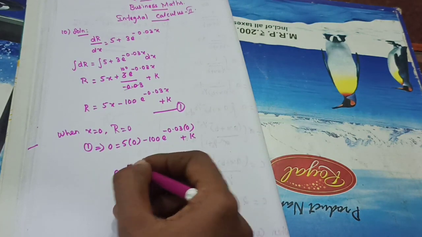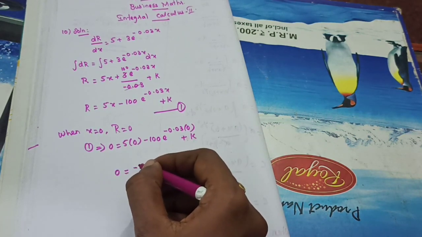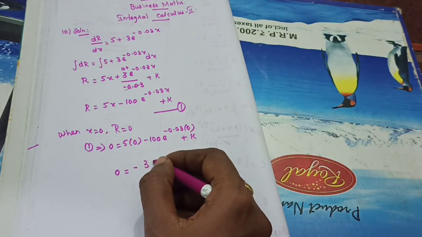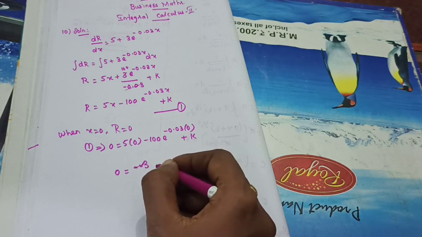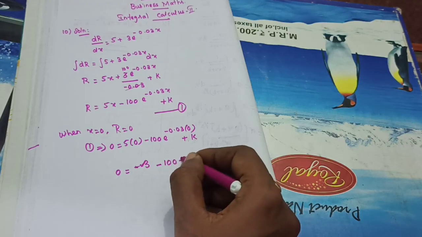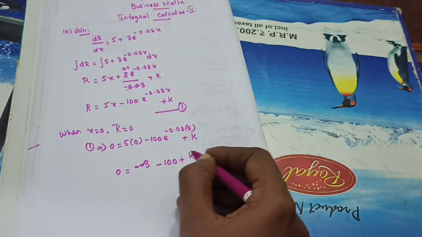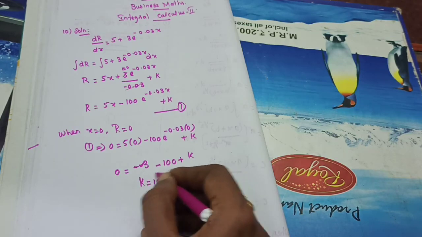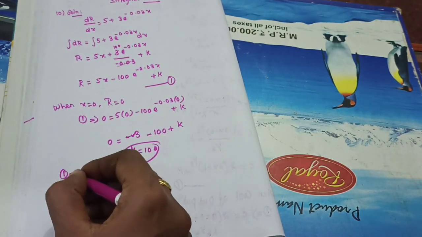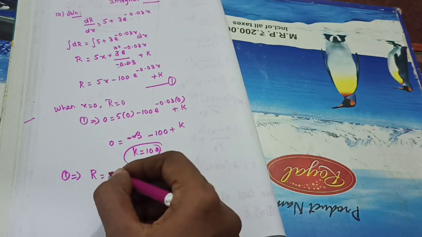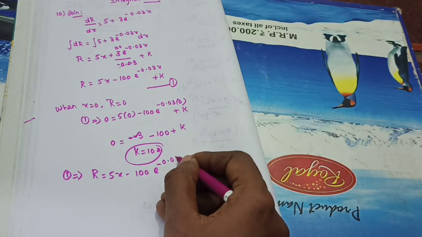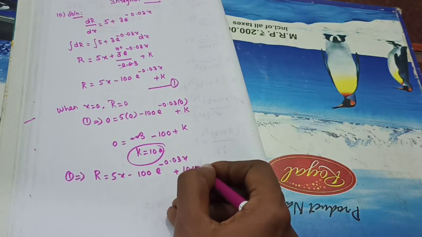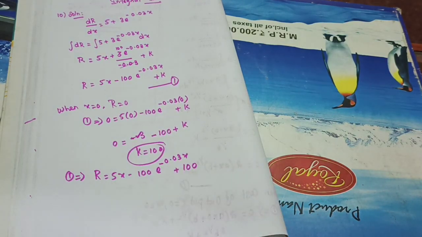We will get 0 equal to minus 100 plus k. So k equal to 100. This is the k value. Now substitute in equation 1. R is equal to 5x minus 100 e power minus 0.03x plus 100. Okay, now come to the question.